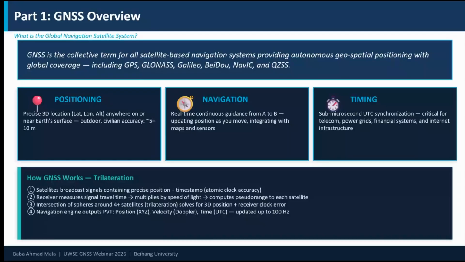How GNSS works is through trilateration, where a satellite broadcasts a signal containing precise positioning plus a timestamp of atomic clock accuracy.